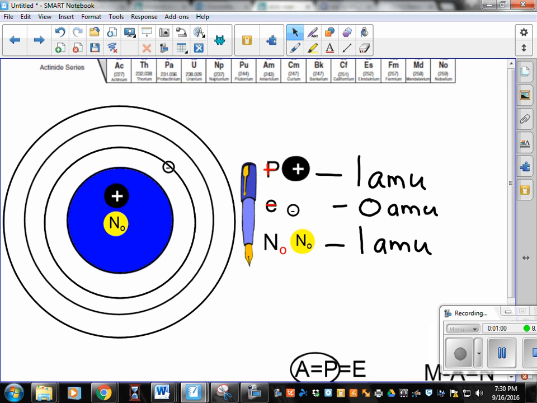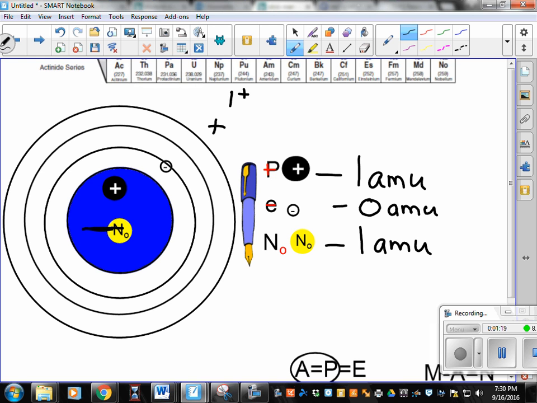So if protons have a mass and neutrons have a mass, but electrons don't have a mass, if I want to get the mass of the total atom, I add the proton, which in this case would be 1, plus the neutron, in this case 1. So 1 plus 1 is 2. The mass of this atom is 2.